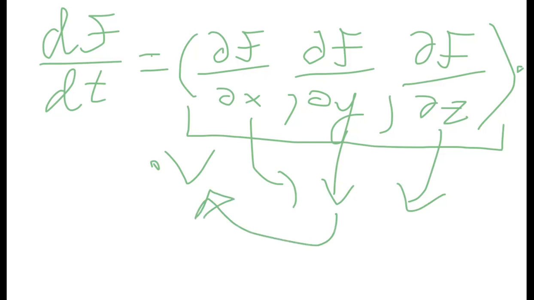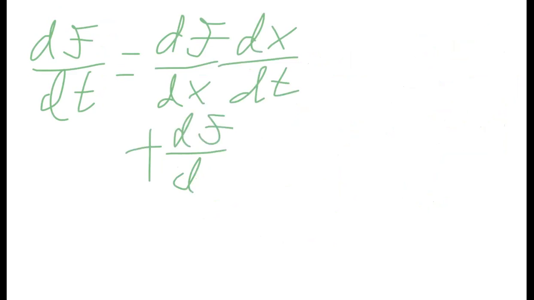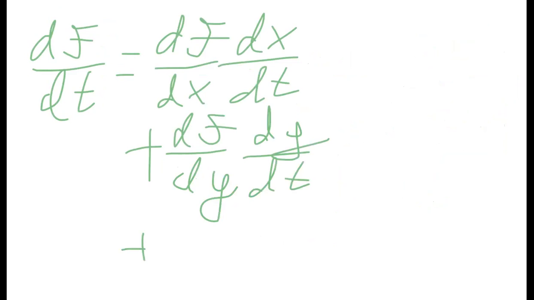Formally, we can write this without using dot product notation. We write this as df/dt equals df/dx dx/dt plus df/dy dy/dt plus df/dz dz/dt.